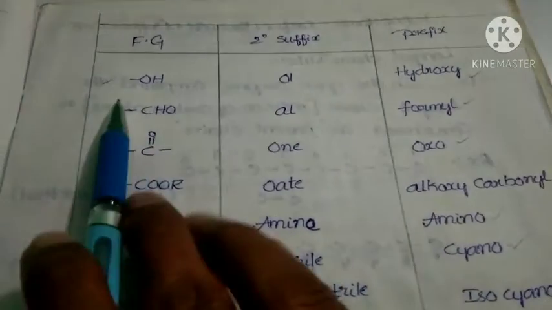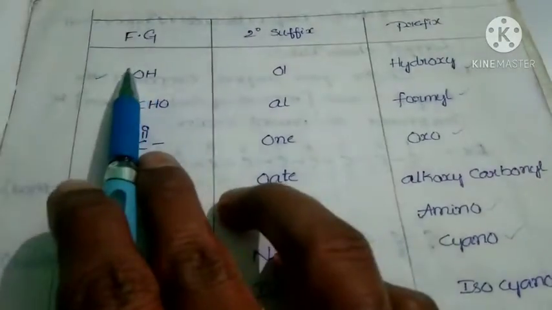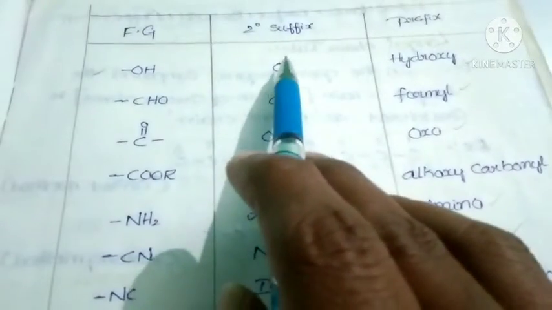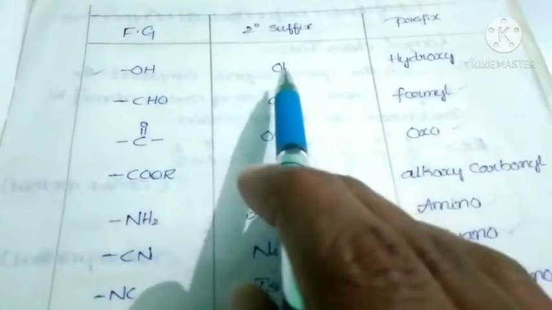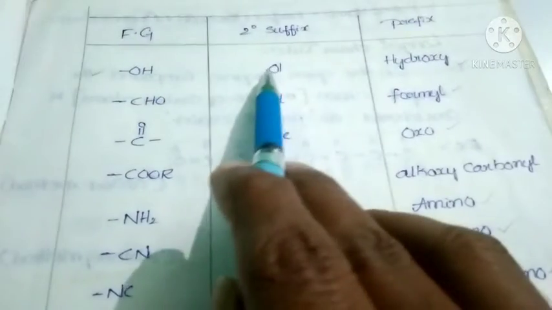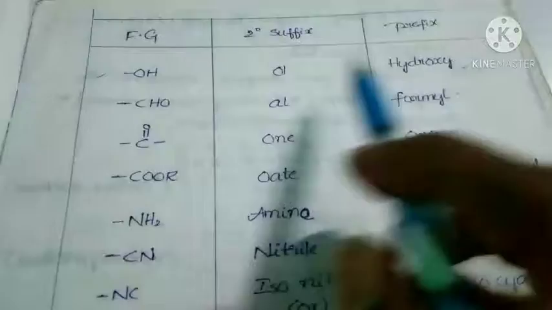See, if the OH functional group is present, then its secondary suffix is ol.